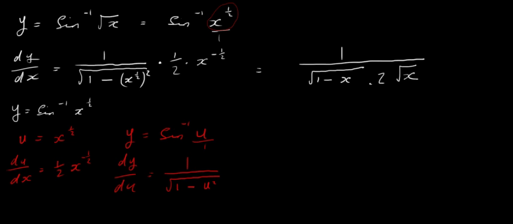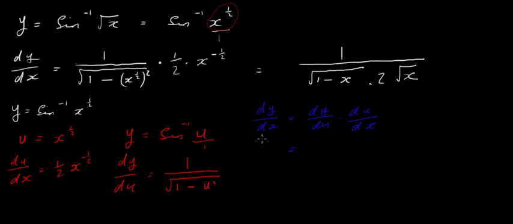Now if you remember, the chain rule is just dy dx is equal to dy du times du dx. I did this in a previous video, so this is your chain rule here.